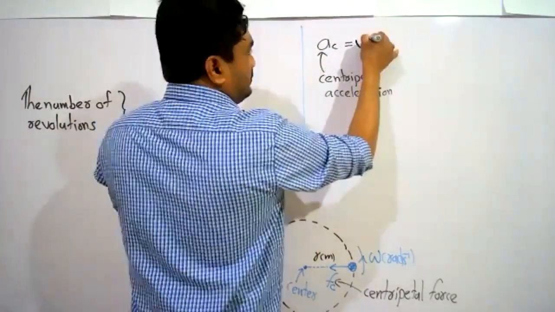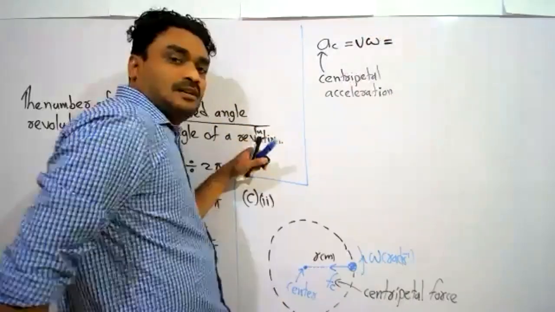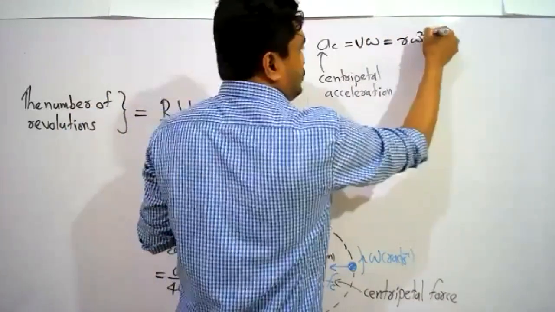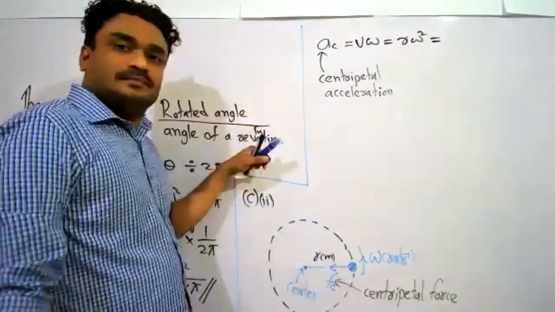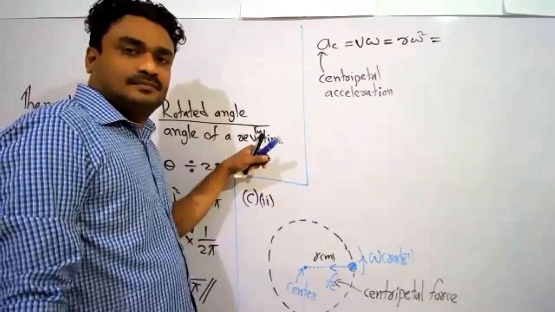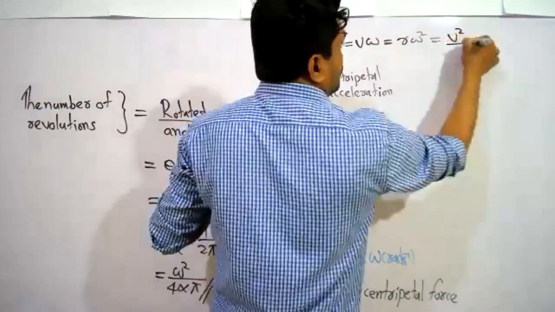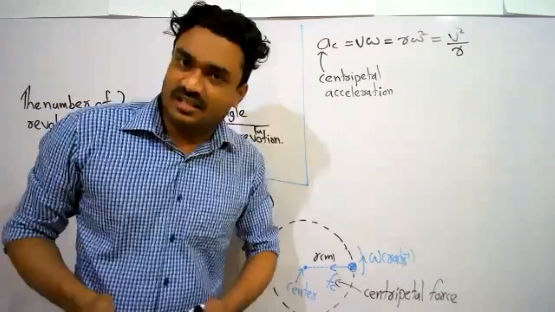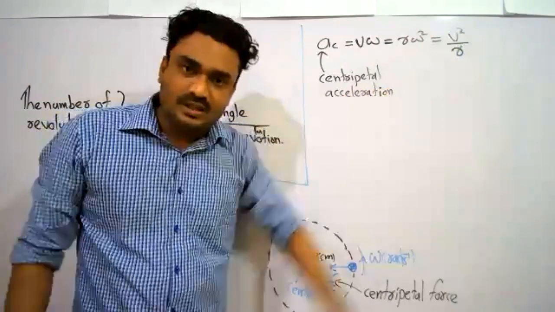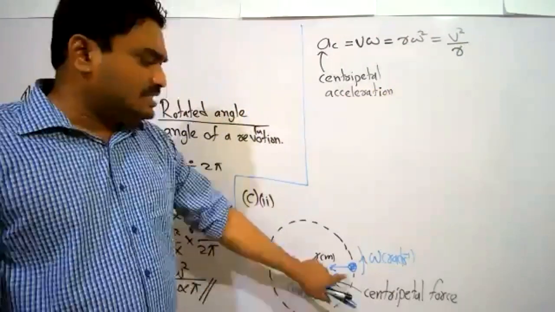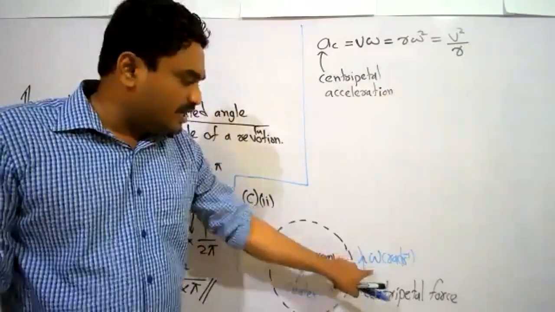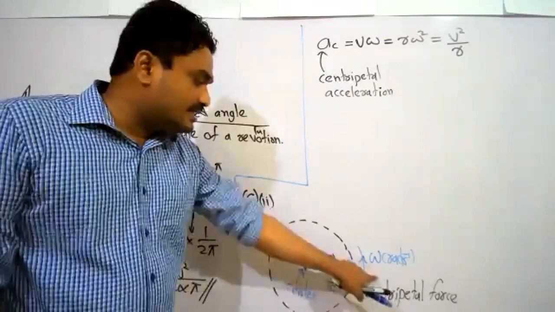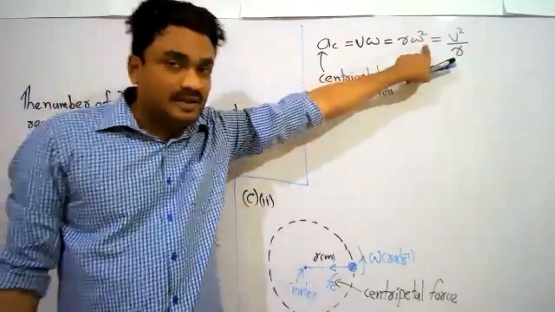Yes. The next one, R omega square. Next one, V square over R. Actually, V square over R is the most widely used equation, but here V is not given. They have given omega and R. Therefore, in this case, the best equation is R omega square.